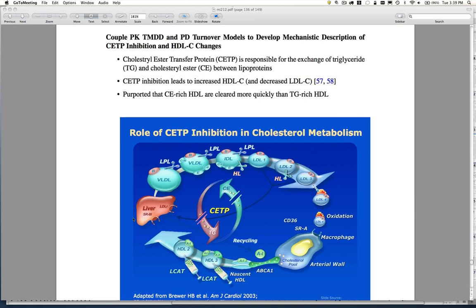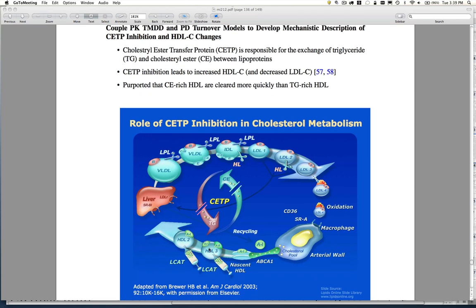So the prevailing thought has been that if you can raise HDL and lower LDL, that would be a great therapeutic agent. And by inhibiting CETP, that provides a mechanism that should, at least in theory, cause that to occur.